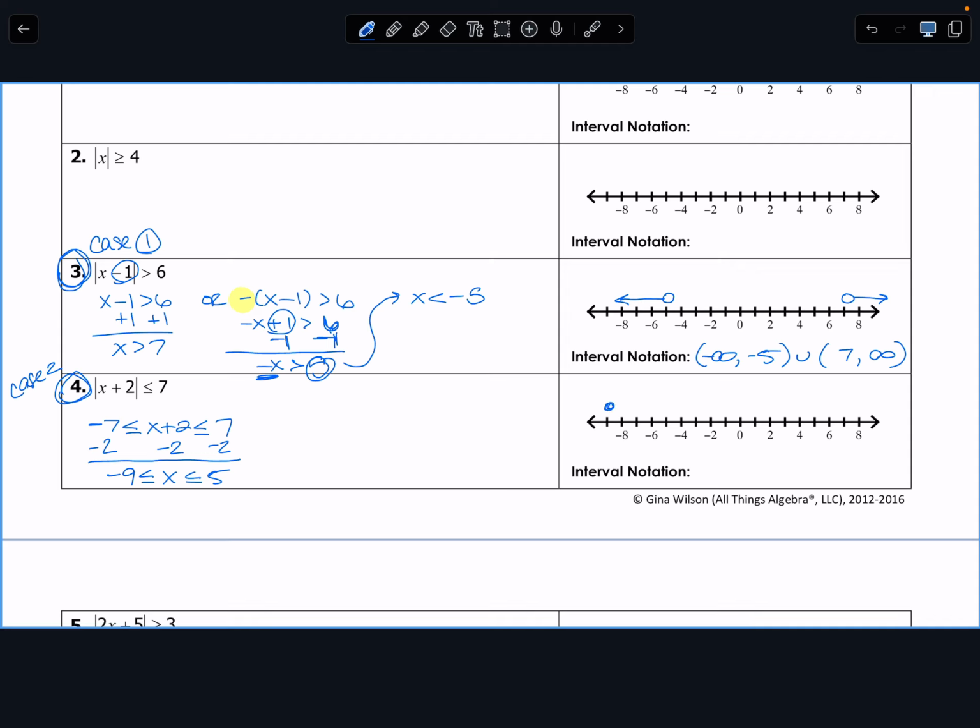So I get -9, I get a +5, and I get in between. So -9 to 5, and I'm closed brackets because I can be equal to it. Bless you. Questions?